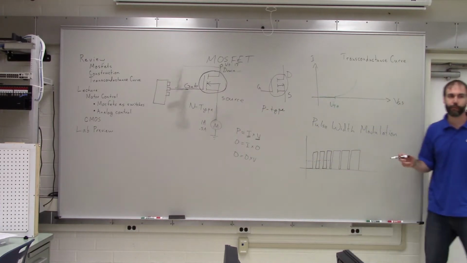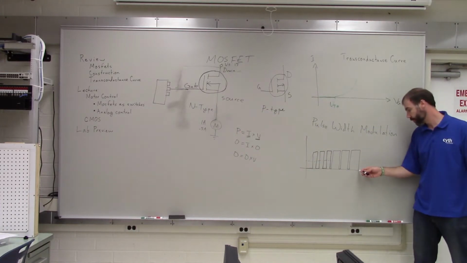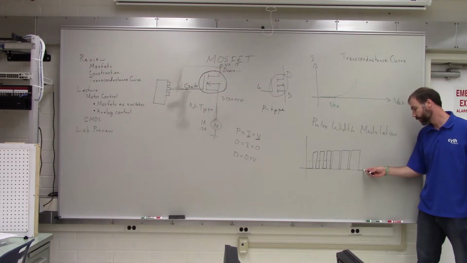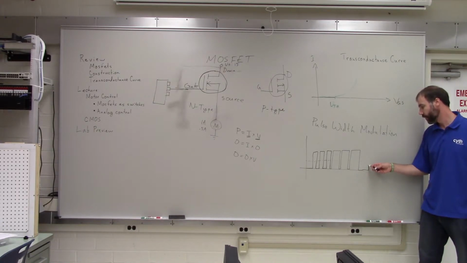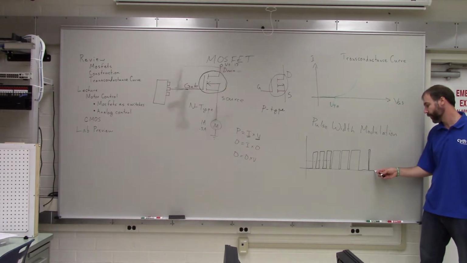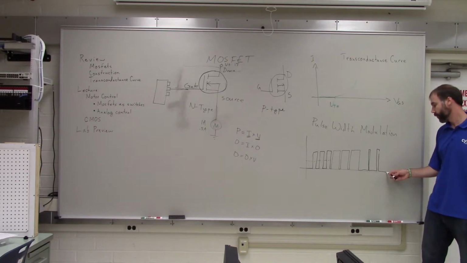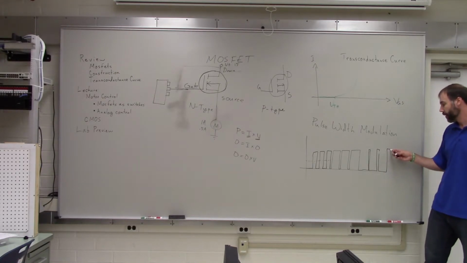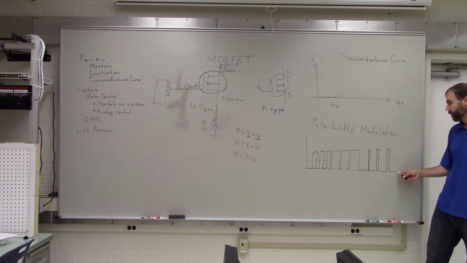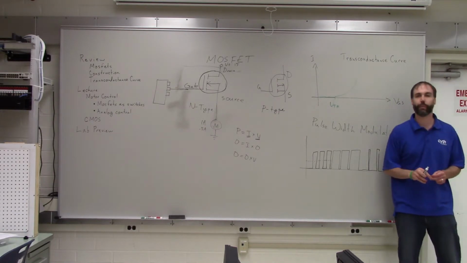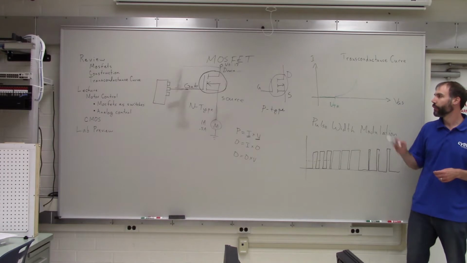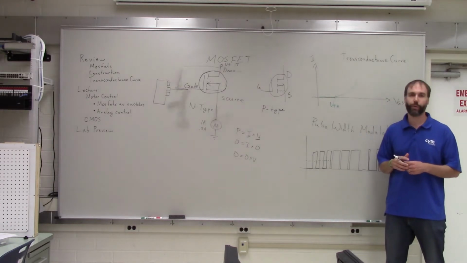If you wanted less current flowing through there, you could leave it off for more of the time. So you could have it off mostly and just have a short pulse being on. And if this were on for 20% of the time, then the MOSFET would be giving you maybe 20% of the maximum current that the motor could take.